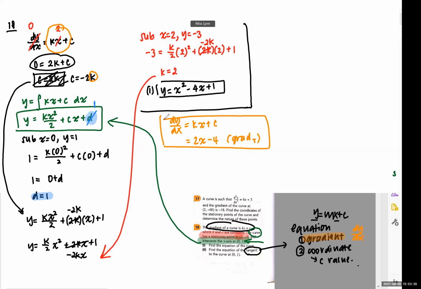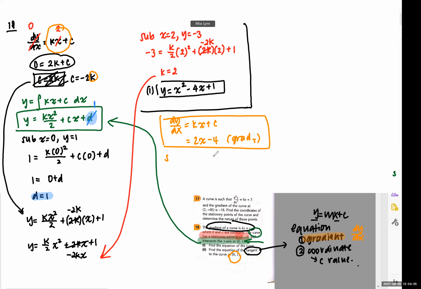So next I need my coordinate. Do I have my coordinate? Any coordinate in the question that they give me? Yes, here, right? So I can actually sub in the coordinate. First thing, I will want to find the actual gradient, correct?